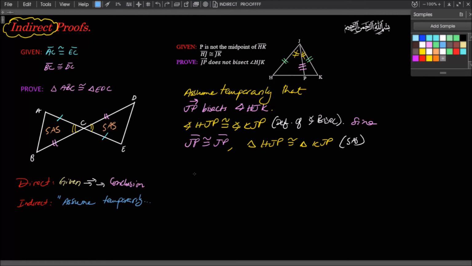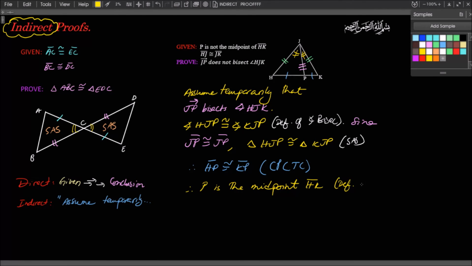Now, if those two triangles are congruent, then HP is congruent to PK, because corresponding parts of congruent triangles are congruent, CPCTC. So now I have this congruent to this. But that implies that P is the midpoint of HK. That's from the definition of midpoint, correct?